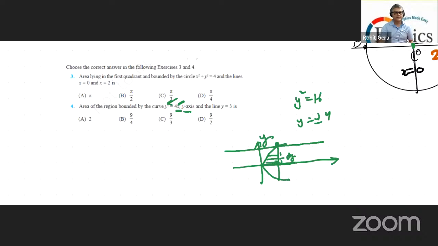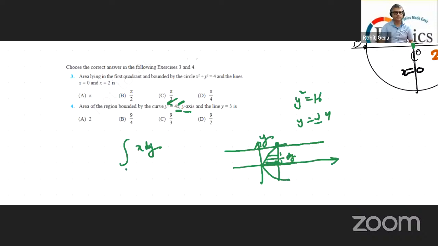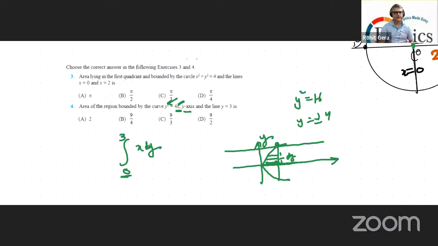So the area is x dy, and y is from 0 to 3. The y-axis is this, so here y is equal to 0, y from 0 to 3.